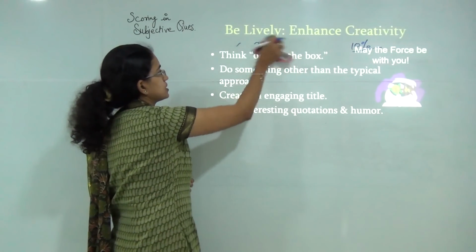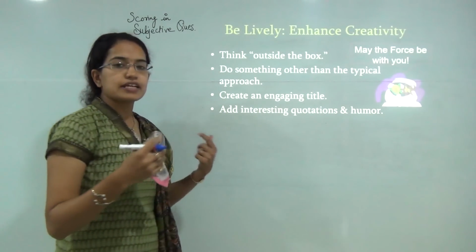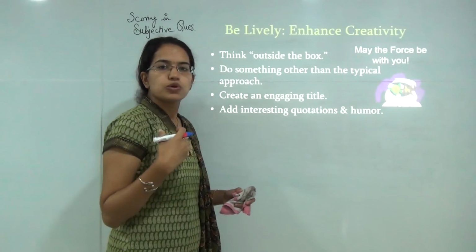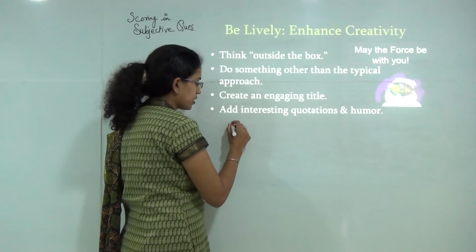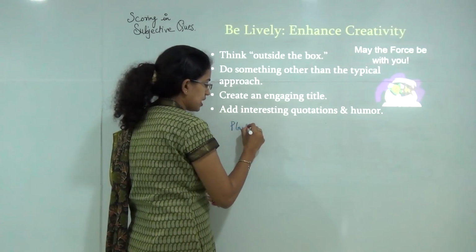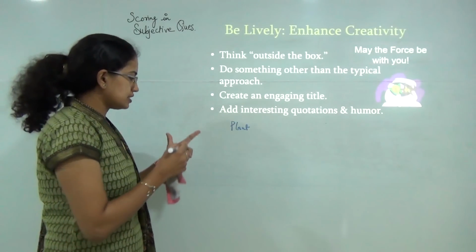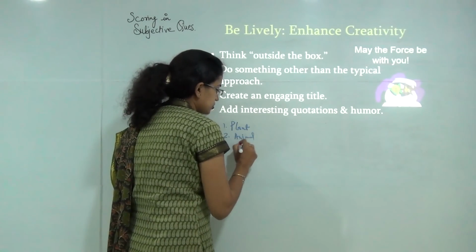Think outside the box, that is, enhance your creativity as much as you can. So try to bring in new ideas. If there is a concept that can be divided into two types, for example, if I am talking about classification of living organisms, I can classify those as plant kingdom or animal kingdom. So rather than just mentioning one is plant kingdom, two is animal kingdom, I can draw a flowchart.